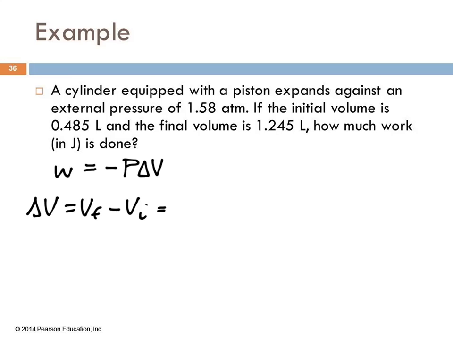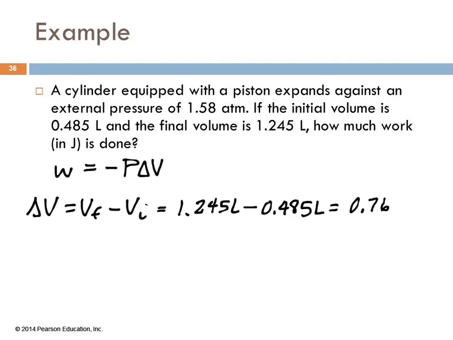The final volume is 1.245 liters. The initial volume is 0.485 liters. 1.245 minus 0.485. My calculator is showing me 0.76.